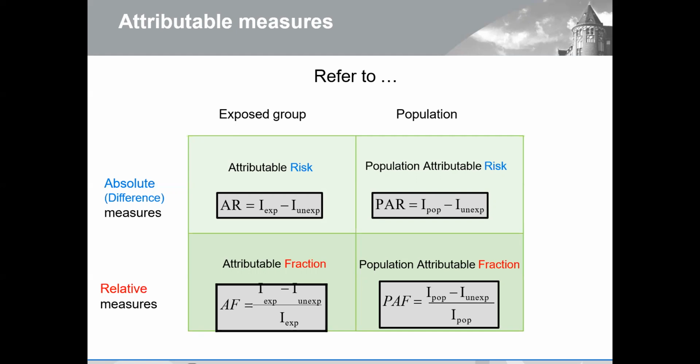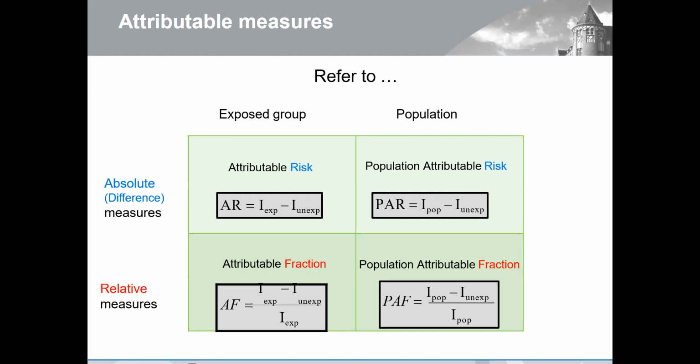You need to understand that the incidence in the population is the combined incidence in both exposed and unexposed over the total population. That is the area where we got the total population, and then we have our incidence in exposed.